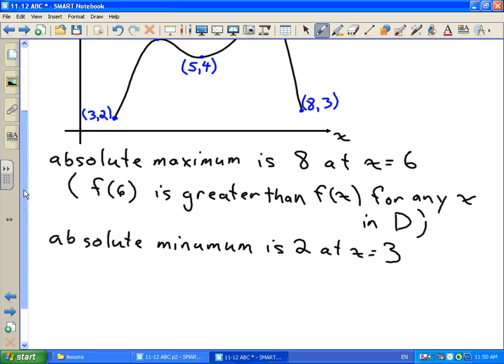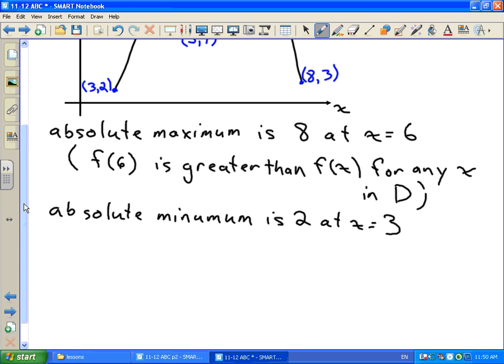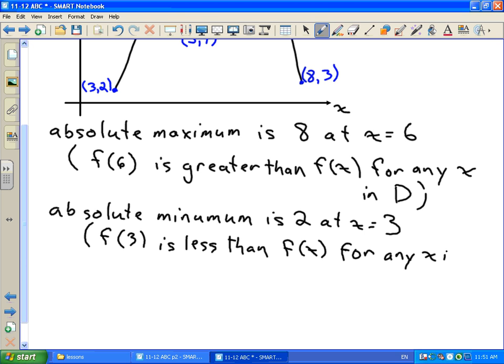So again, we can say f(3) is less than f(x) for any x in my domain. So the lowest possible value you have here.